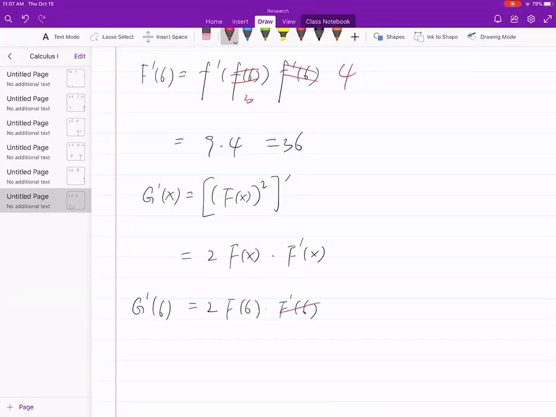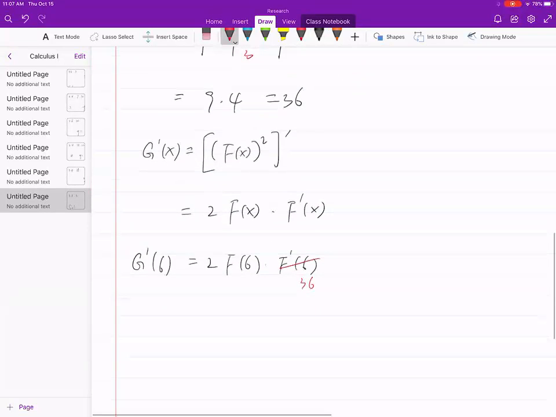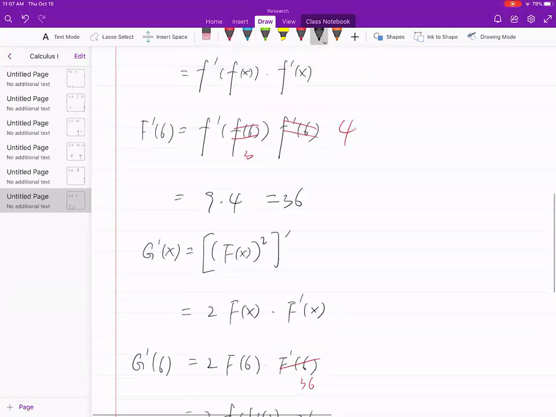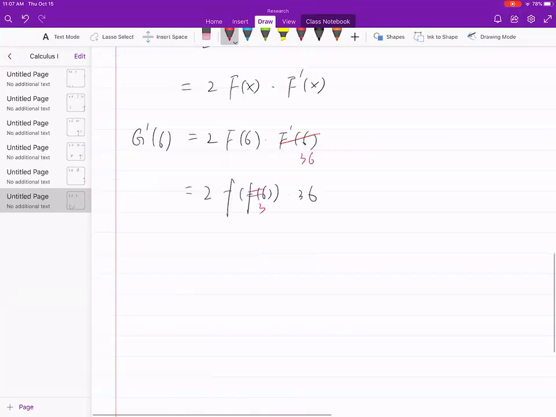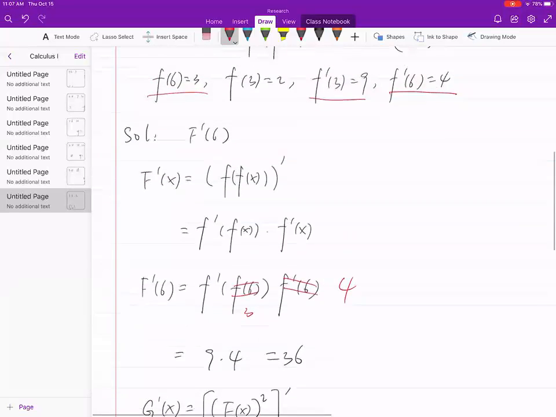It's 36. Okay. F6 is going to be F6 because F is FF. And F6 is 3. And F3 is 2.